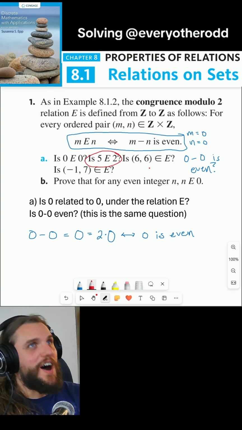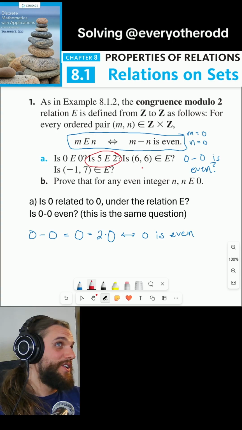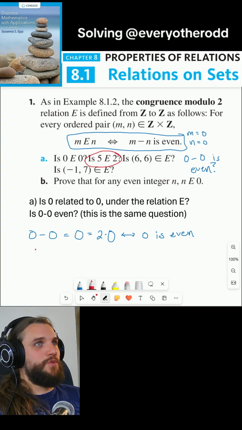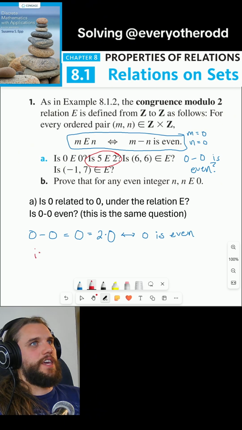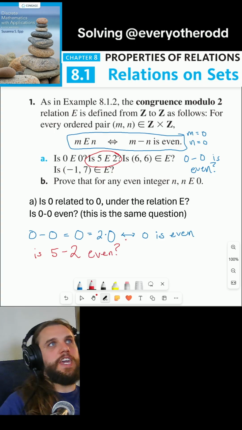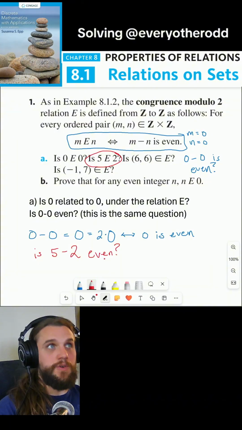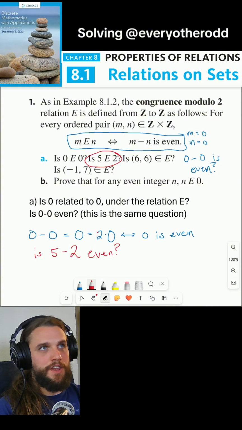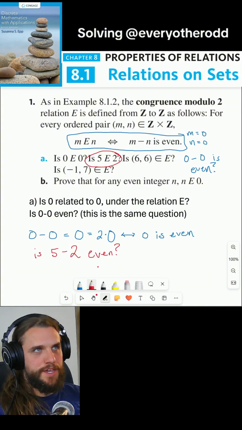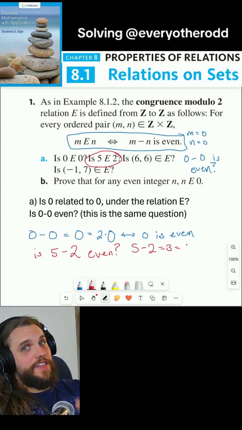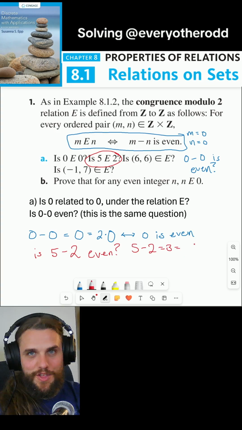Is 5 related to 2? Well, that's really asking the question, is 5 minus 2 even? So is 5E2, is 5 related to 2? Is 5 minus 2 even? All of those mean the same thing. Now, to show that this is not even, I'm actually going to show that this is an odd number.